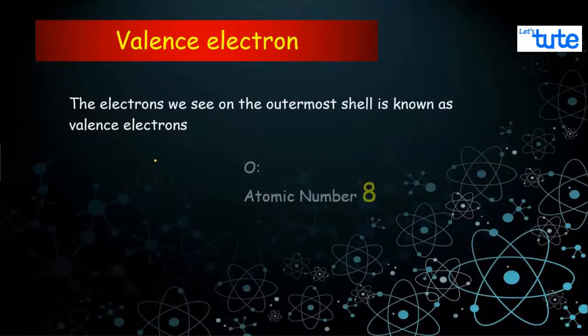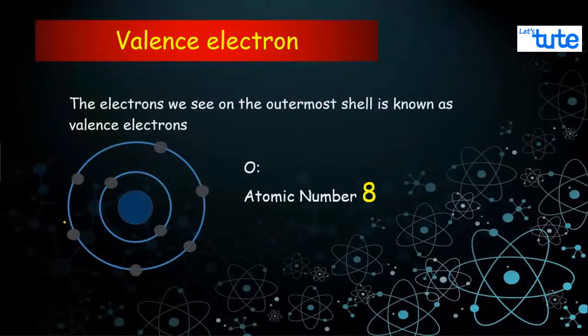Let's take one more example, oxygen. The electronic configuration of oxygen is 2, 6. Remember, the valency of oxygen is different, but I'm explaining what valence electrons are. The number of valence electrons is the number of electrons in the outermost shell.